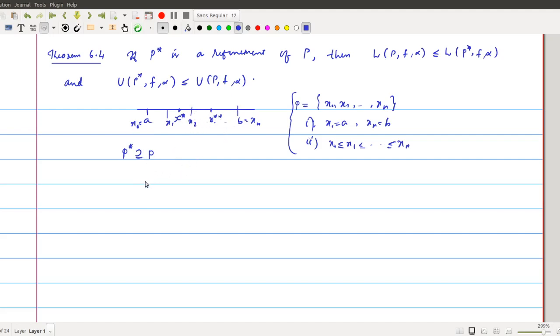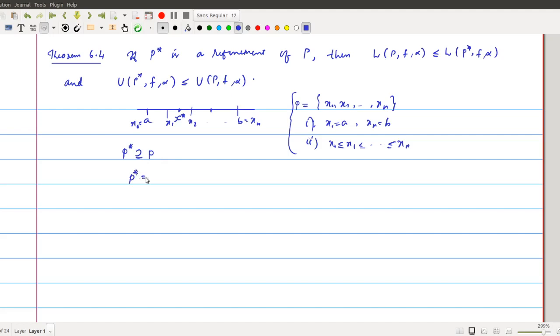So we prove this theorem by taking a refinement P star of P, including one point to this P. We start with the partition P, and we insert exactly one point first. From this P, how do you get P star?